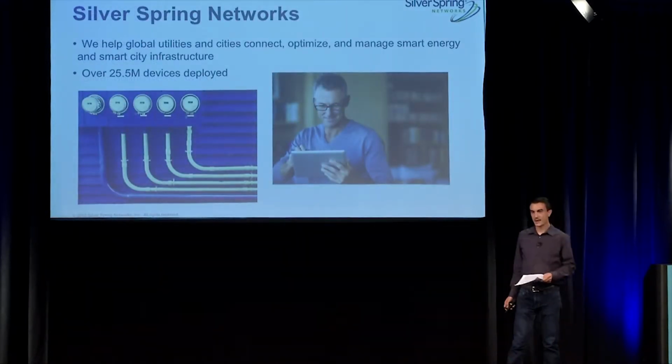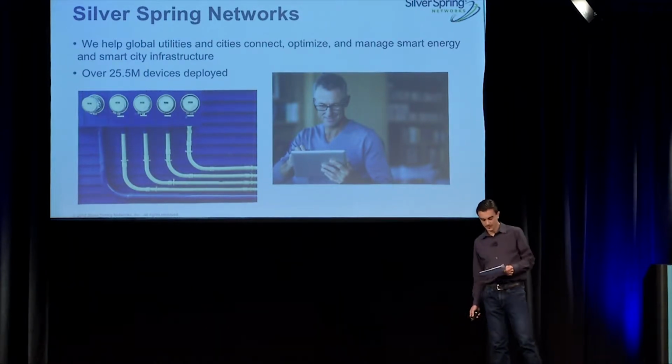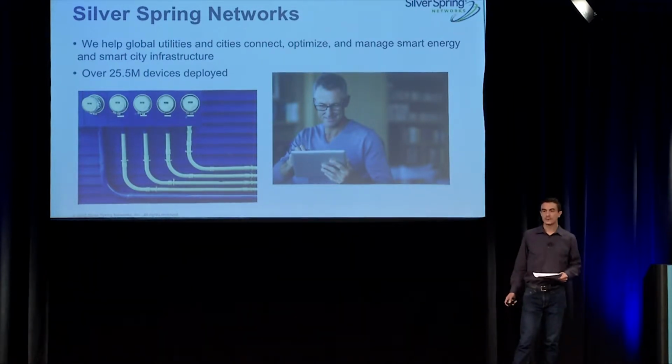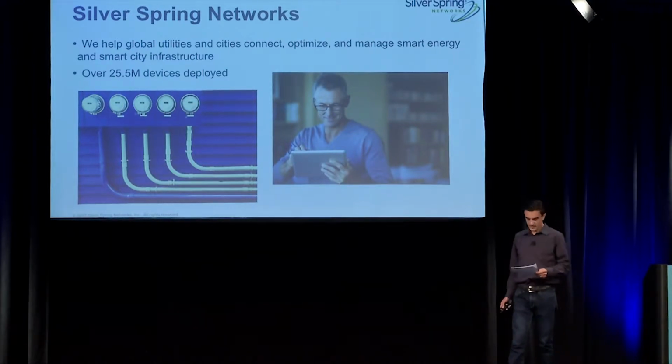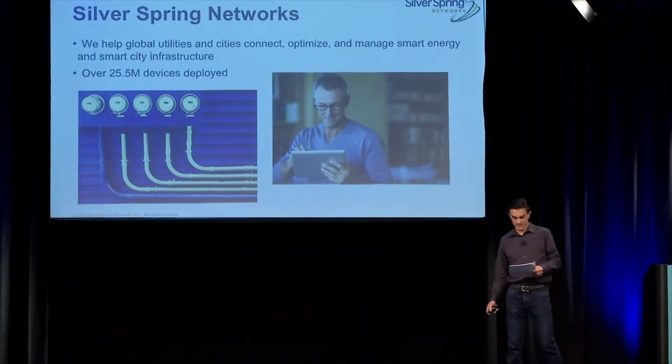Now I'll tell you a little bit about Silver Spring Networks and the platform I work on. My company is a global IoT company based in San Jose. We provide smart grid products to both utilities and cities, and our software gets used to help customers improve energy efficiency.